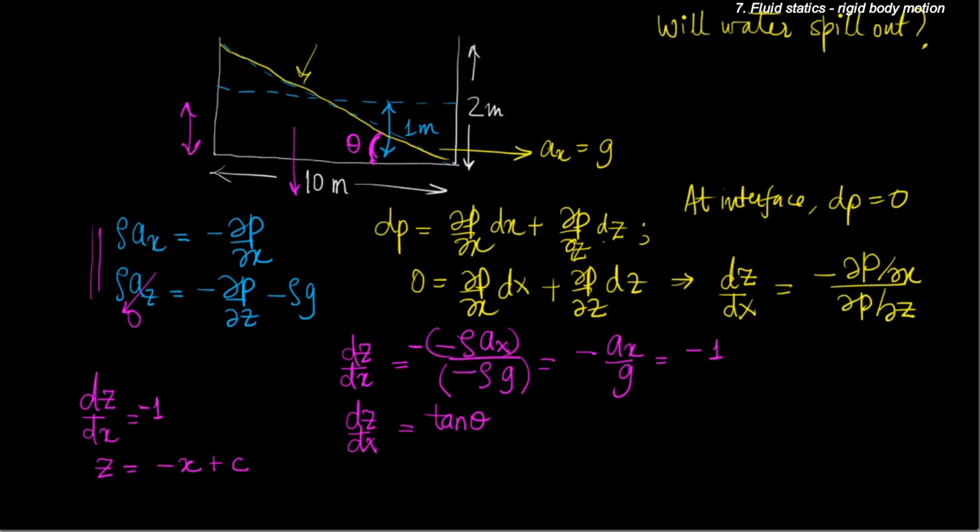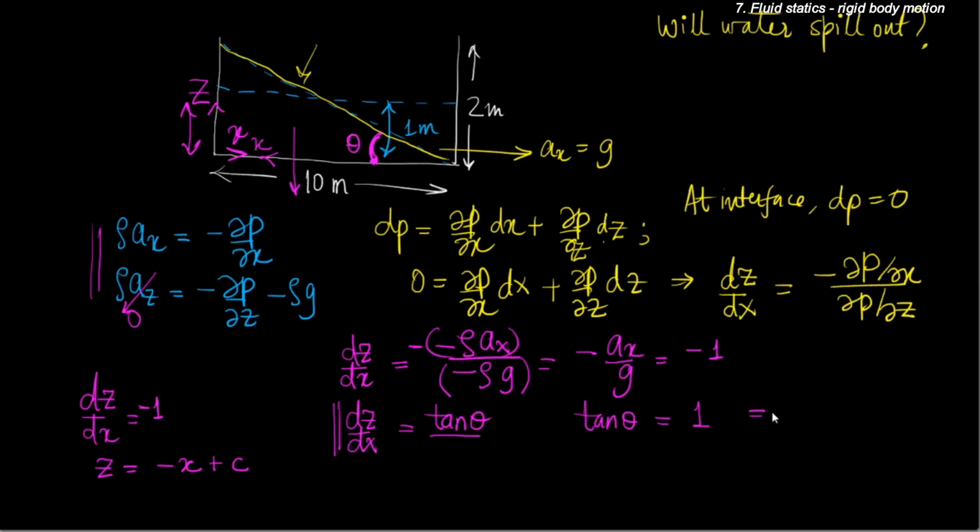If we take it with the negative x direction, this becomes our x direction. Don't be confused with the actual x and z coordinate system. This is simply writing down the magnitude of tan theta. So tan theta is the angle of the interface, and it will be equal to 1 as per our calculation.